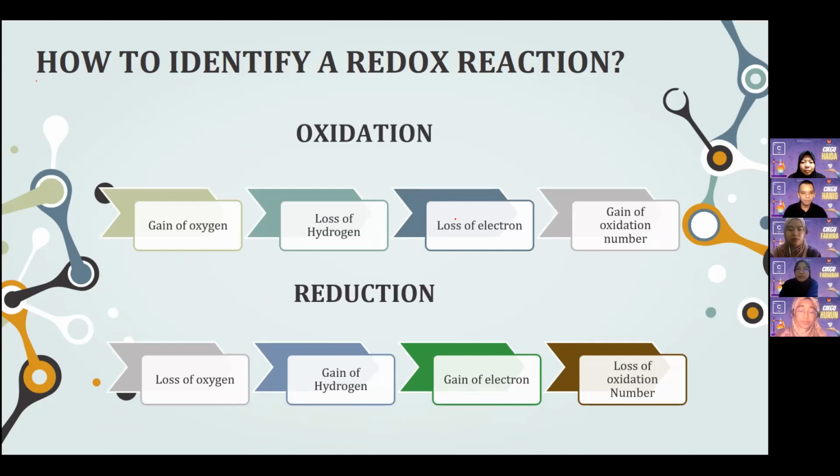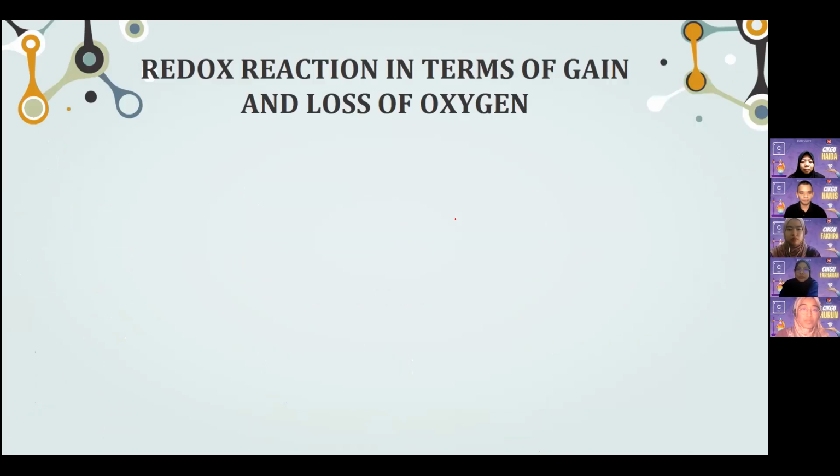For today's class, we are going to go through these 4 things one by one, and please inform me if you have any question throughout the class. The first one that we are going to go through is redox reaction in terms of gain and also loss of oxygen.